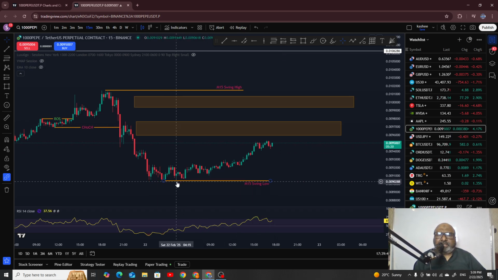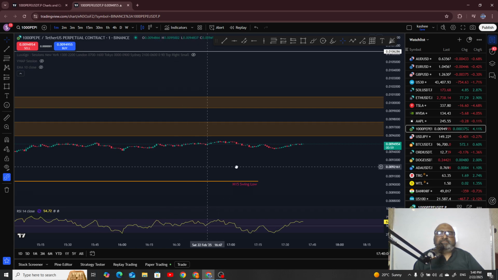Once the market is pulling back on 15-minute time frame, you can find an uptrend on 1-minute time frame. There we go.